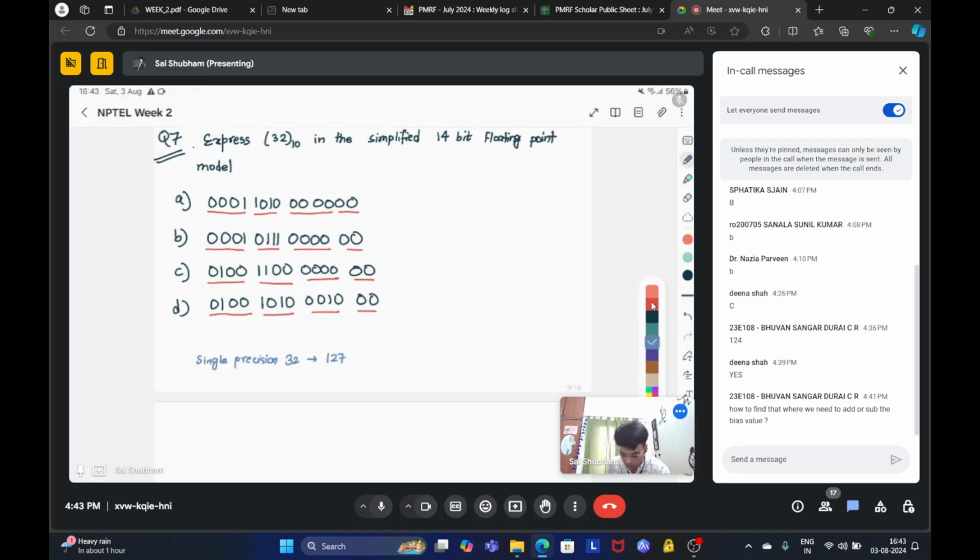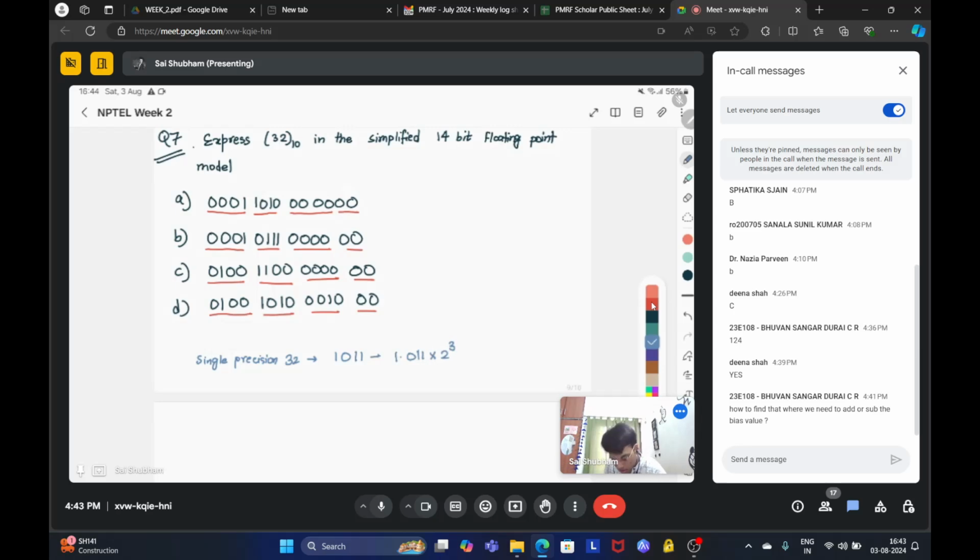Okay, let's make it simple. You have some binary number such as 1011. You will convert it into 1.011 into 2 power 3.